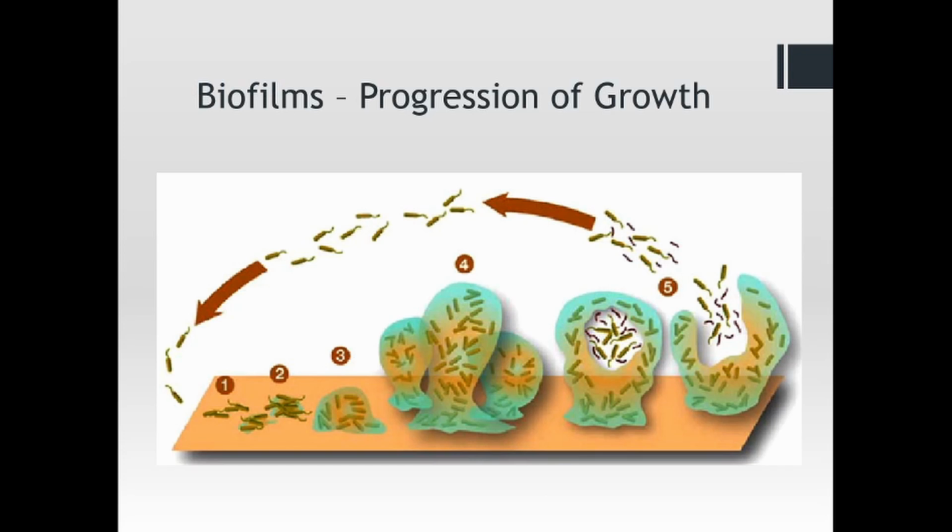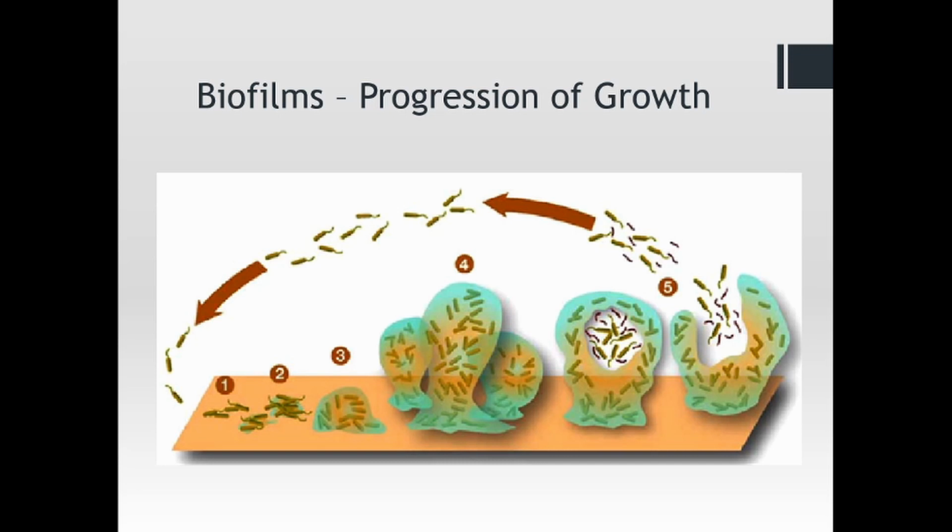So this is how they grow. Here's how they progress. They start out as a few cells in stage number 1, and if you go across to the right, 2, 3, 4, and so on, you can see how they become more and more prolific. That greenish stuff, I guess, is supposed to be their slime, and it enables them to grow in a large three-dimensional mass.